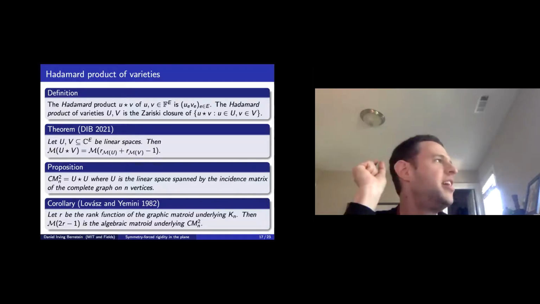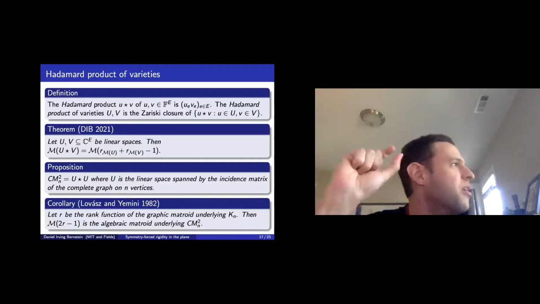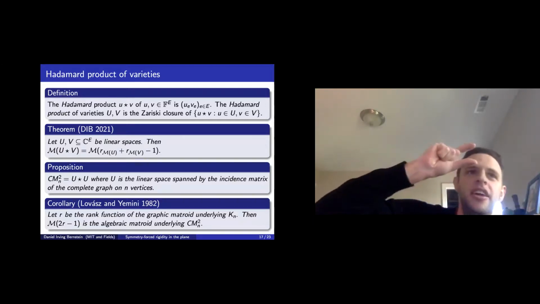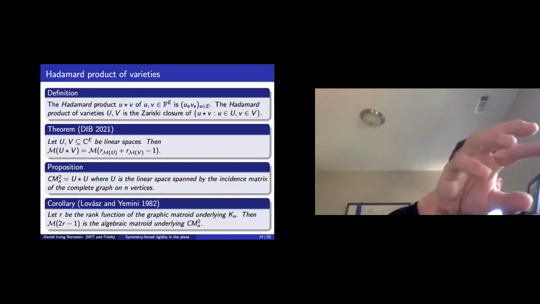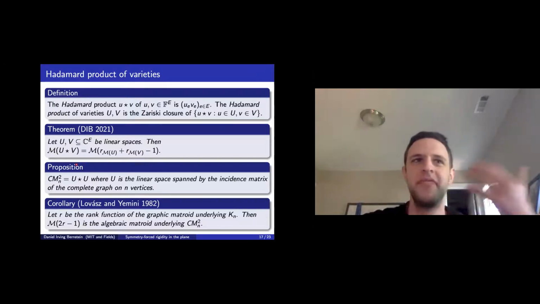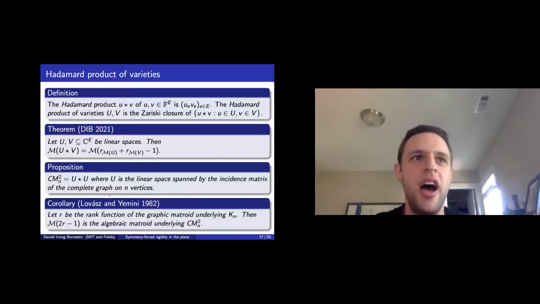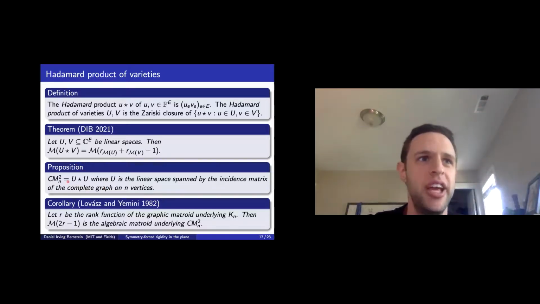I know I'm losing a lot of people here. I will come back, so don't worry if you're lost. The tropicalization of a Hadamard product is just the Minkowski sum of the tropicalizations. This gives you a very nice thing you can do to make sense of things. But anyway, now to apply this to something rigidity theory related.